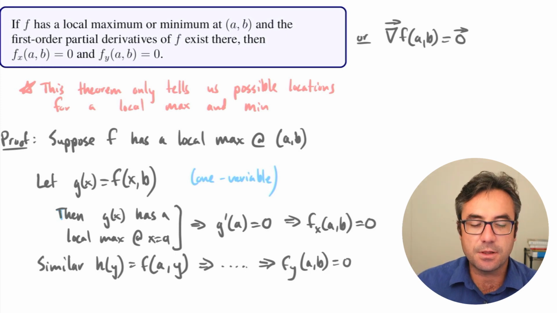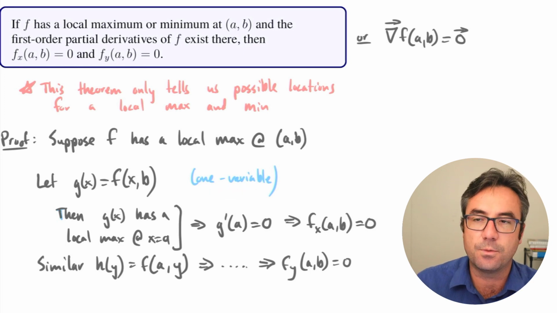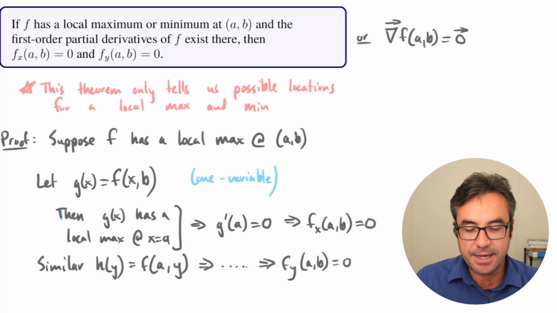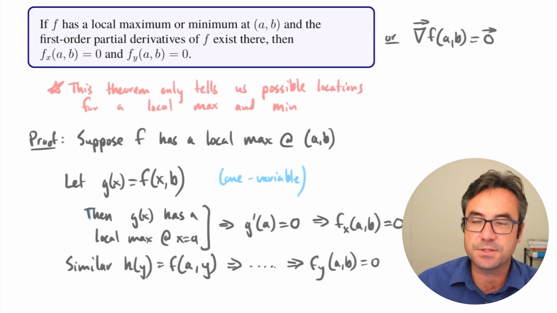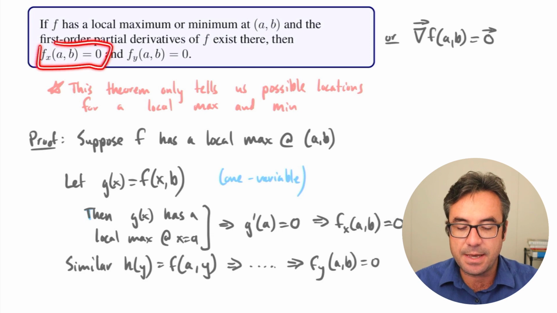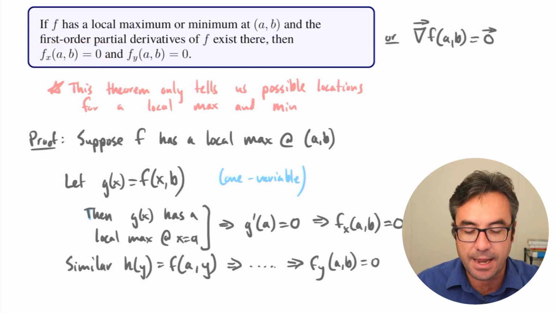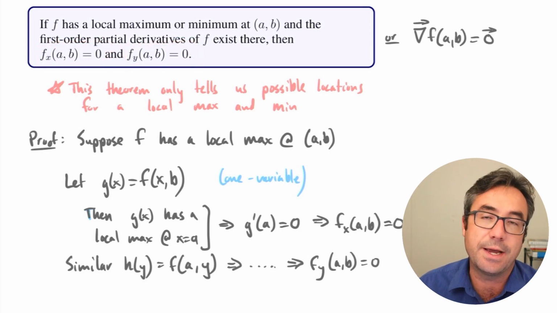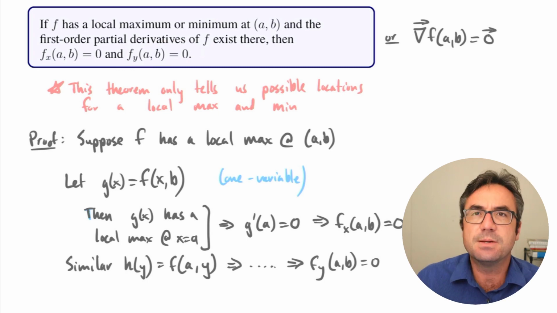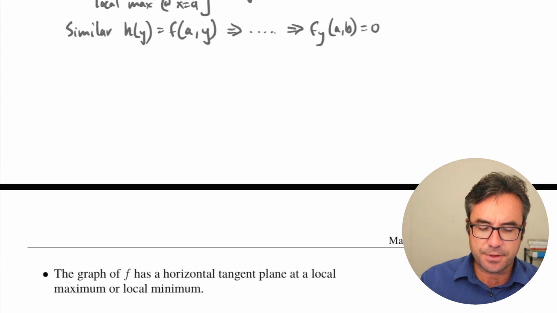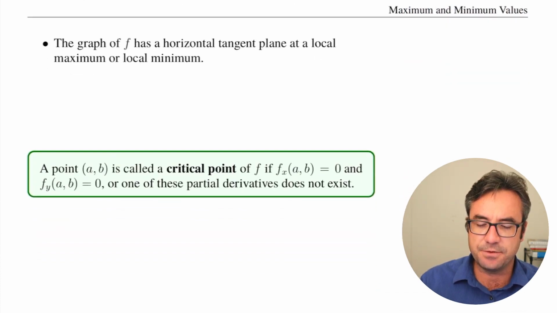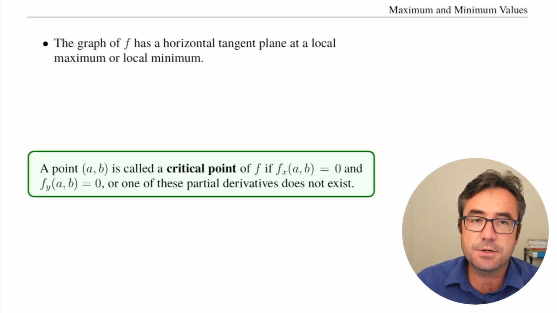So this is a clever way to use our Calc 1 result for the one variable case to say if our function has a local max, then it has to be a local max in the x direction and in the y direction. Similar for local minimums.